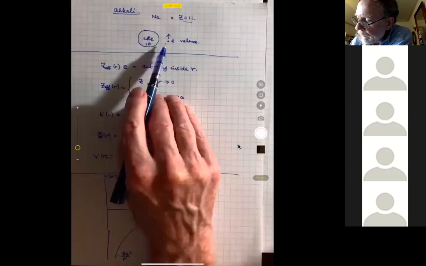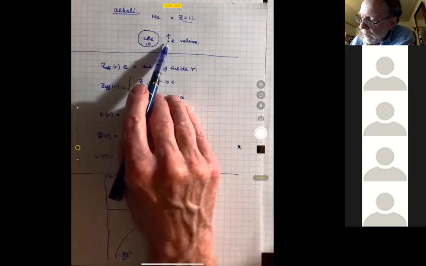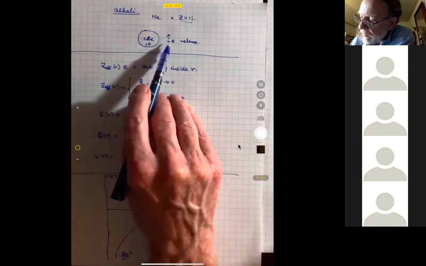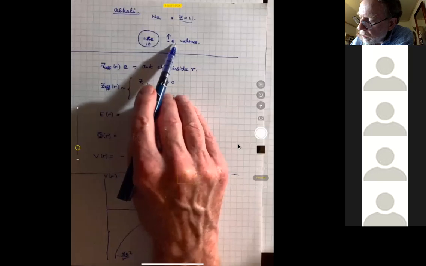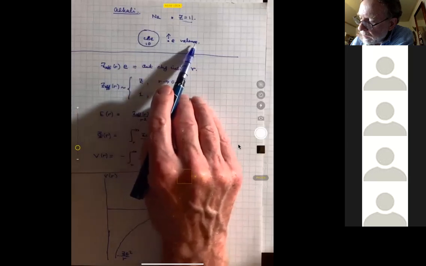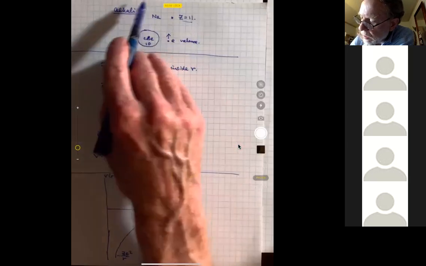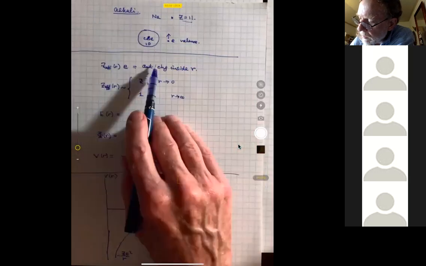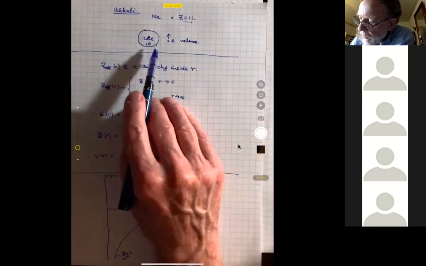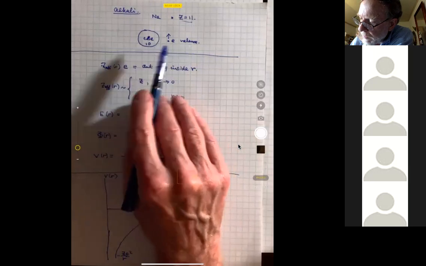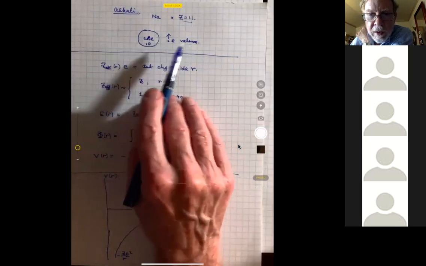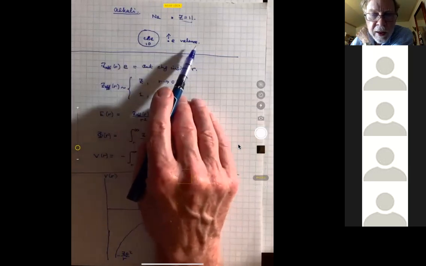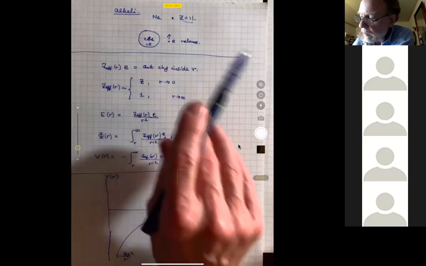If I have a valence electron out here moving in a circular orbit, then in the first place, if the principal quantum number is large, the orbit gets larger. If L is also large, the orbit is a circle, like this. And if both of those are the case, then that orbit stays well away from the core, and the electron mainly just sees a hydrogen potential, 1 over r.